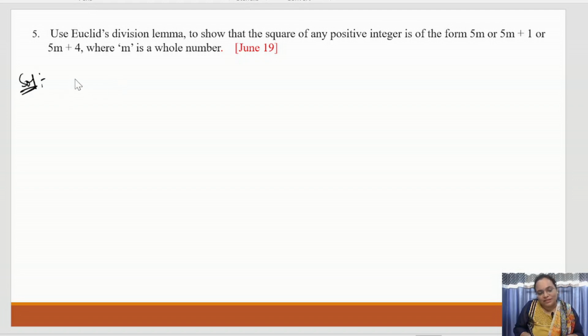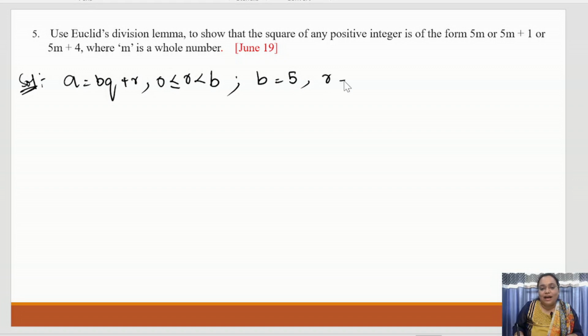From Euclid's division lemma, we know that a is equal to bq plus r, where r is greater than or equal to 0 and r is less than b. From the question, b is equal to 5. When b is 5, we can take r is equal to 0, 1, 2, 3 and 4. Now let us solve case by case.